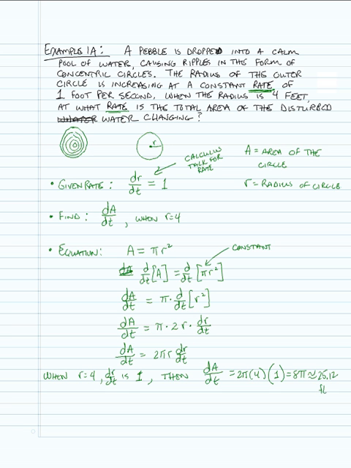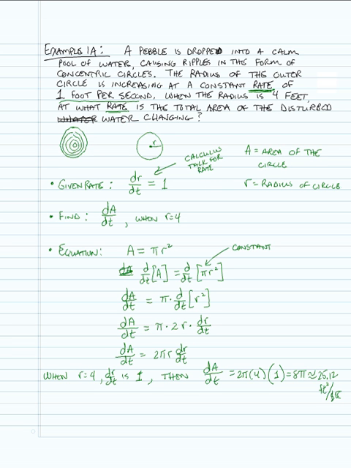So area is, in this case, square feet, and it's changing per, what do we have here? Per second. Because up above, remember, we were changing at 1 foot per second. So the rate of change of the area when the radius is 4 feet is about 25 square feet per second. That's about how fast it's changing.